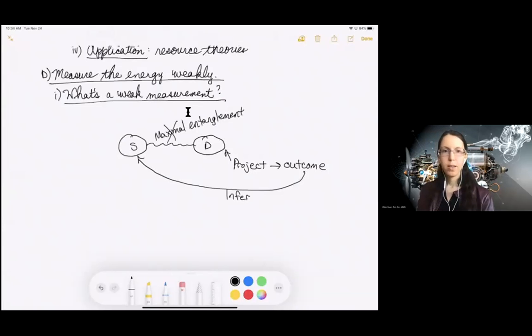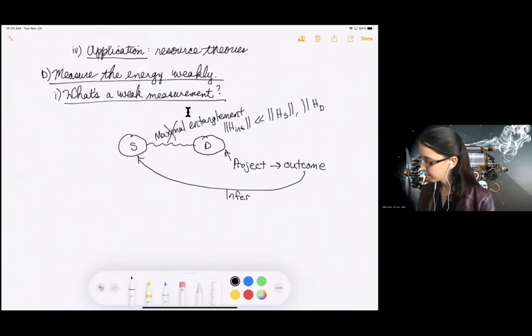We can couple the systems for short times, and we can use an interaction Hamiltonian that is much smaller in some matrix norm than the subsystems' Hamiltonians. When we measure the detector later, then we can't learn much about the system of interest.